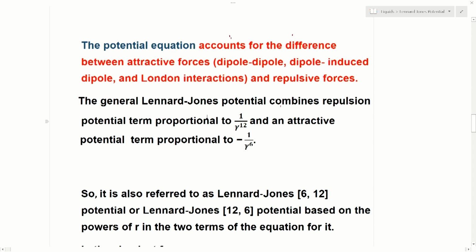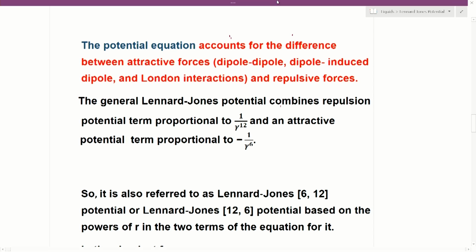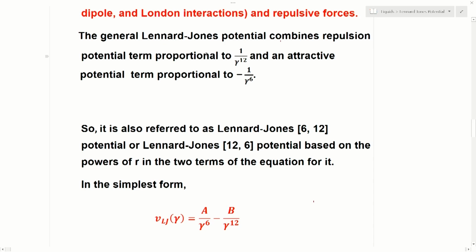The Lennard-Jones potential combines the repulsion term and the attractive force also. It combines into the Lennard-Jones potential, or the potential energy V. The potential energy V is proportional to 1 by r to the power of 12 for the repulsive term, and the attractive potential term is proportional to negative 1 by r power 6, or minus 1 by r power 6.